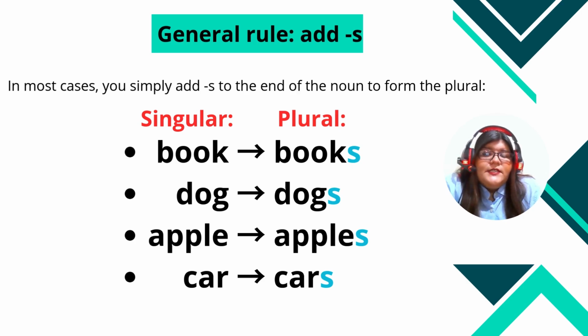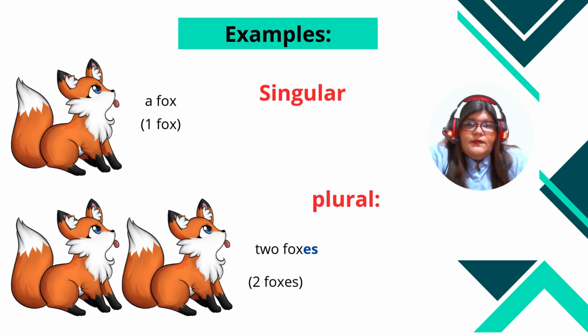This means that it's more than one book, and that noun is plural. Dog, a dog, right? One dog, two or three, four dogs. Apple, apples. Car, cars.